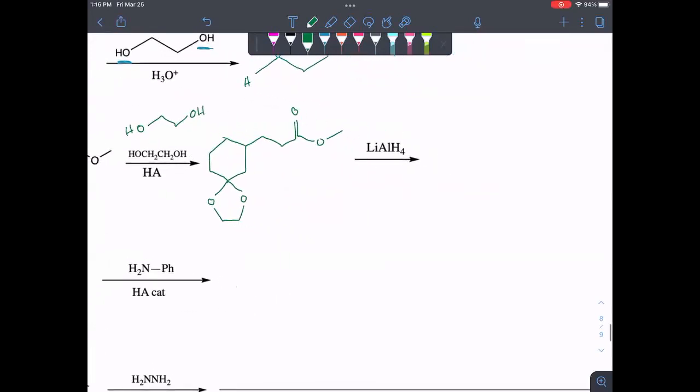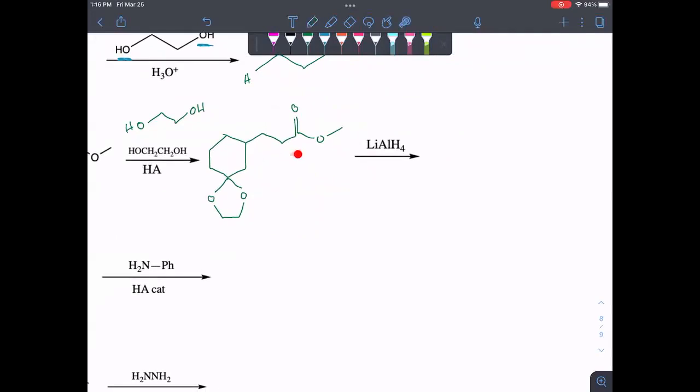So LAH is going to turn this ester into what kind of alcohol? Primary. Because you have that leaving group. That's it.